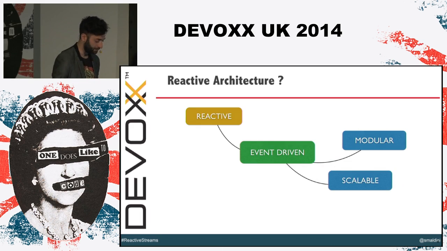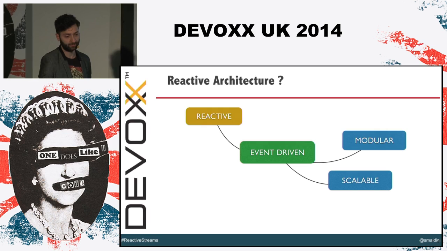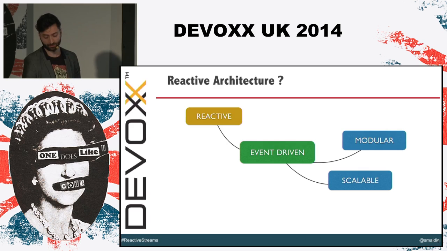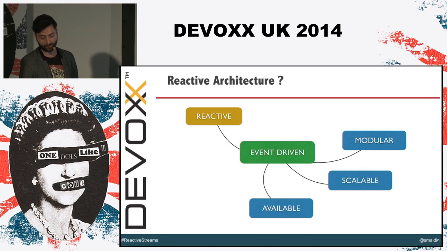Another interesting property of event-driven architecture is that it might be scalable, in the sense that you react on events and you can add more consumers to react on events transparently. And available, because if one of these consumers goes down, you can have more consumers pick up the demand and your application still works.